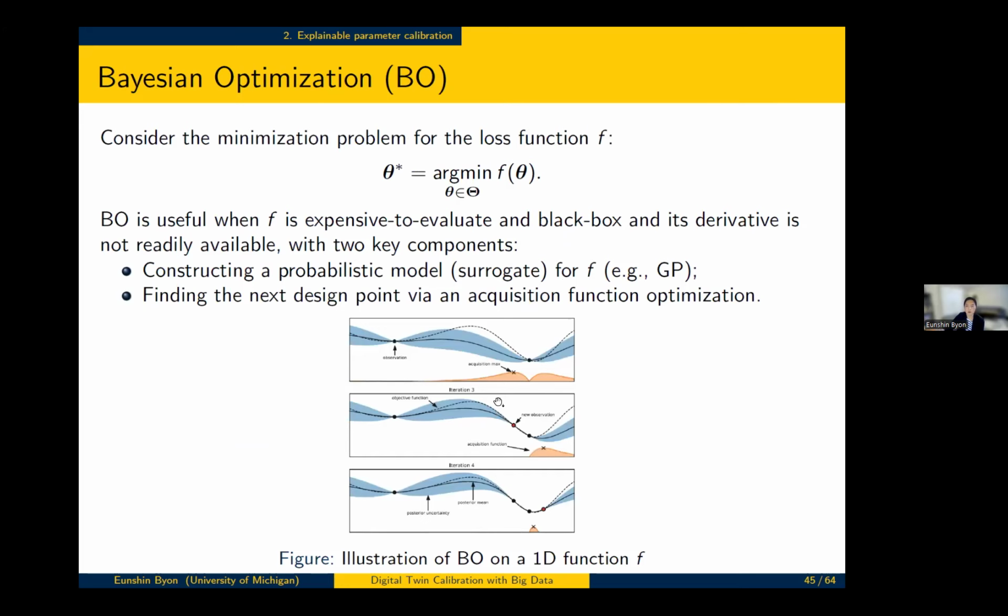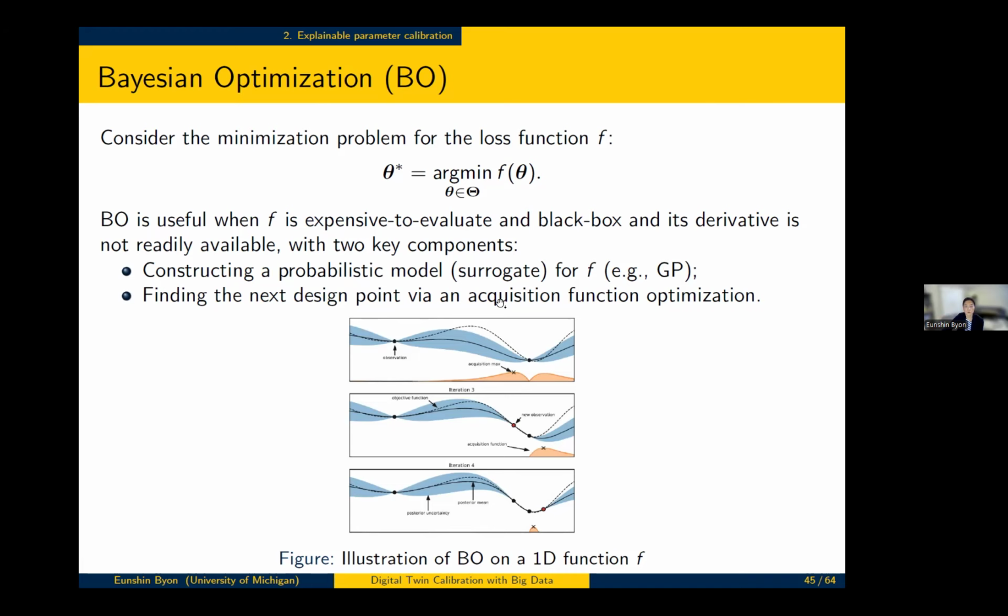And I believe in this community most of you know Bayesian optimization, so I will skip the detailed discussion. But basically, what BO does is minimize or maximize, depending on the problem context, the objective function, and it constructs a probabilistic model for F, the objective function, for example using a Gaussian process, and it finds the next design point, so basically where to run the simulation next time, through an acquisition function.